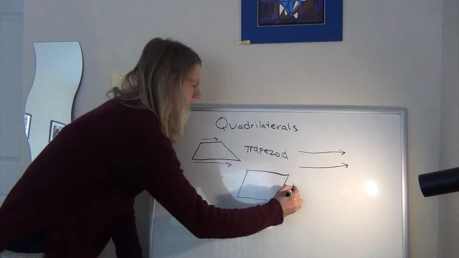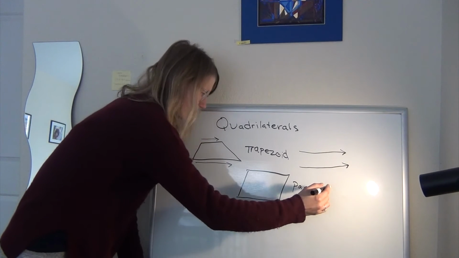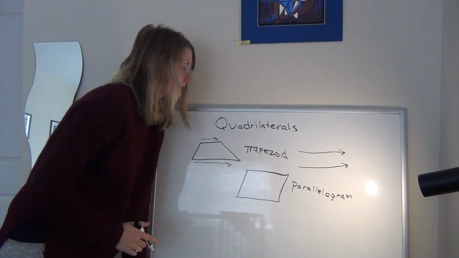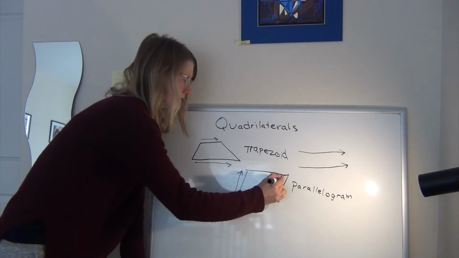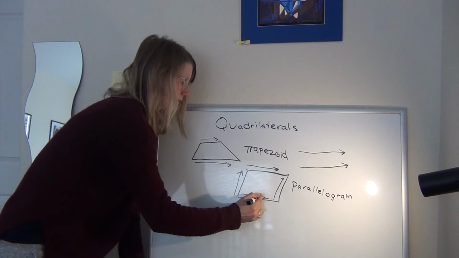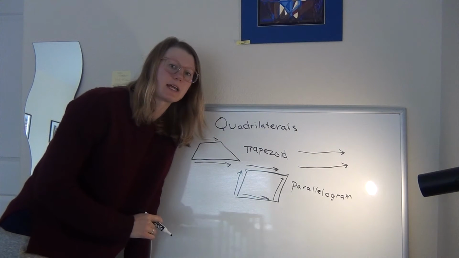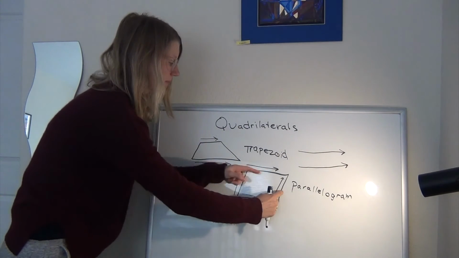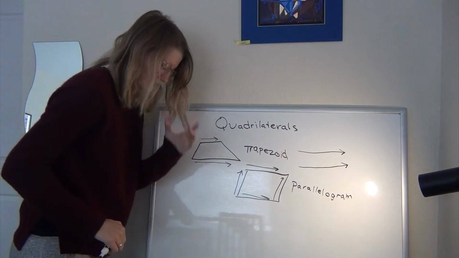The reason this is a parallelogram is because it has two pairs of parallel sides. All the lines are parallel. I mean, these are not parallel to each other, but these two are parallel to each other, and these two are parallel to each other.